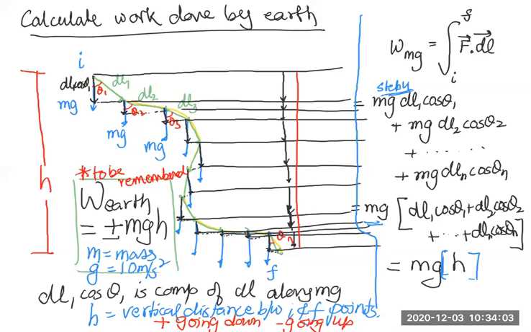So if you find in a problem, which we are going to do in the next class, that you have to calculate the work done by the earth on a particle, you don't need to carry out line integrals. In fact, after we have calculated work done by all the 5 objects, you don't need to carry out line integrals.